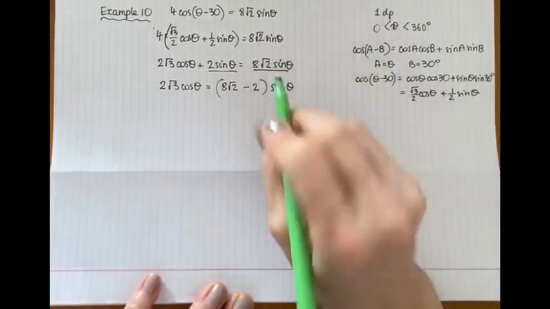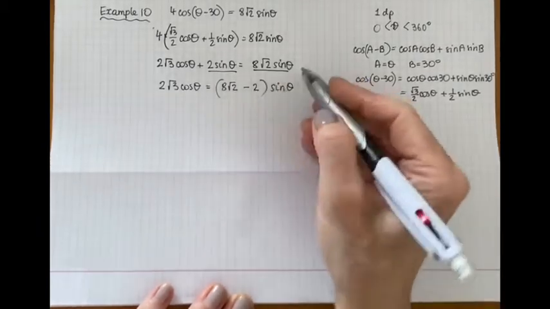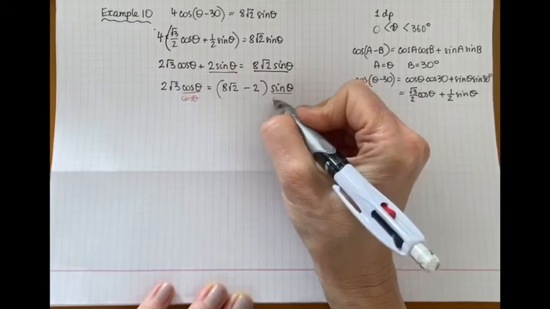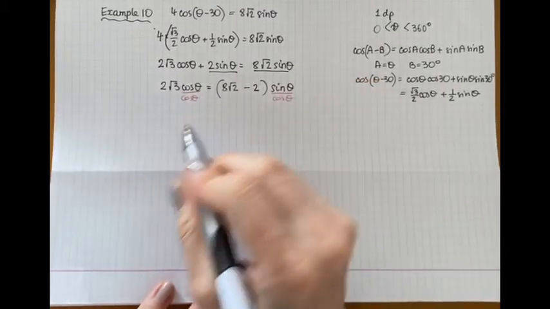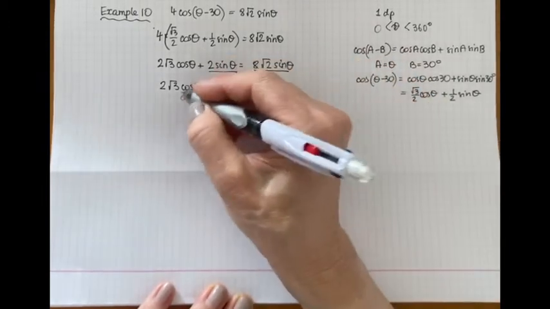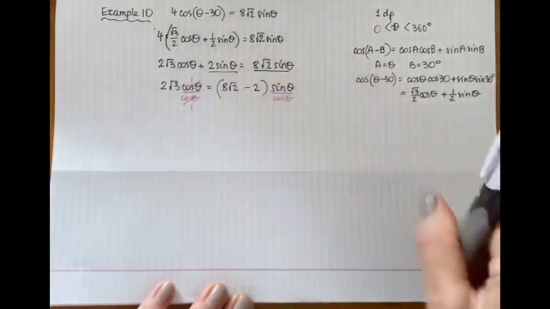So now we're going to divide the sine theta by cos theta, and this cos theta by cos theta, so the equation stays intact. So over here that will become tan, and that cancels.